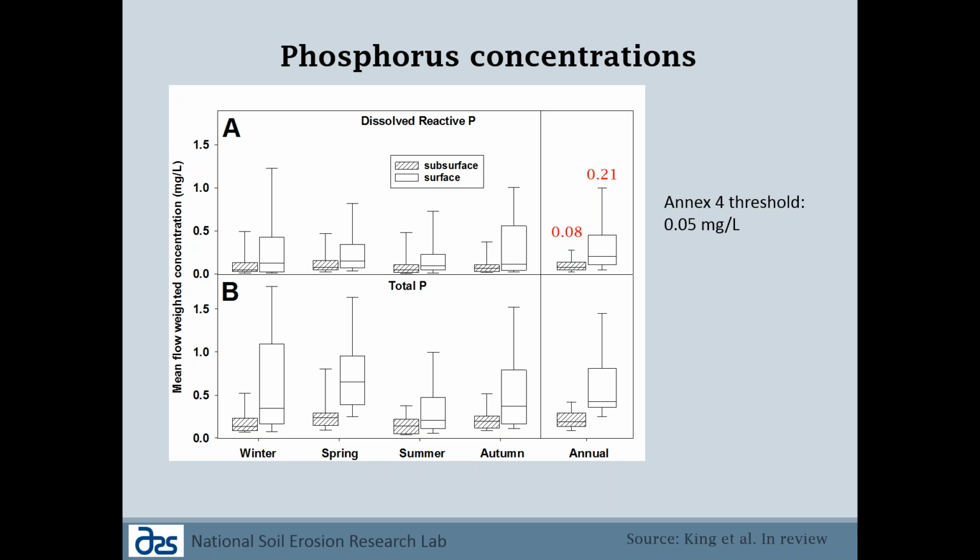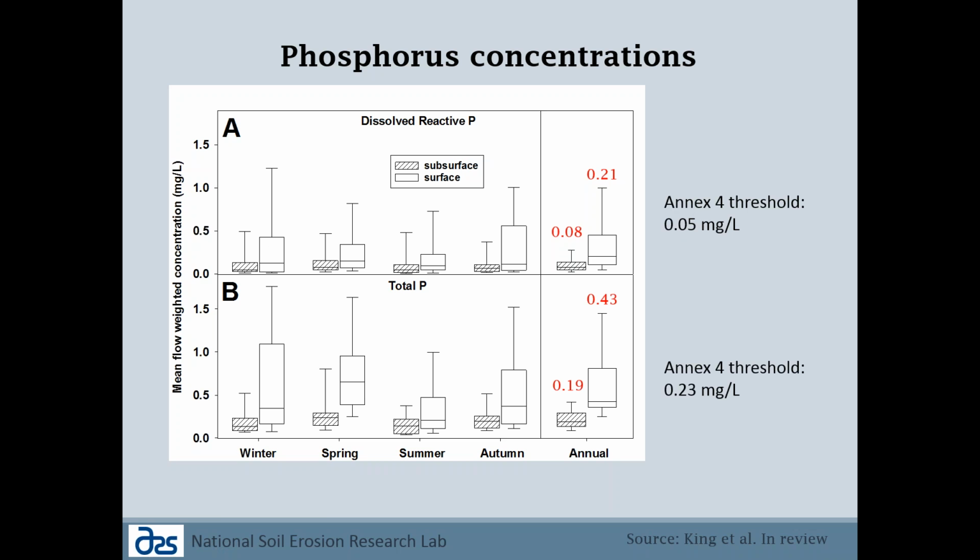The concentrations in runoff are going to be higher than what's infiltrating through the soil. But when we compare this to recommended concentration reductions, we still see that both tile and surface runoff are above these critical thresholds. And that means we still have work to do in order to reduce these concentrations to prevent algal blooms in Lake Erie.